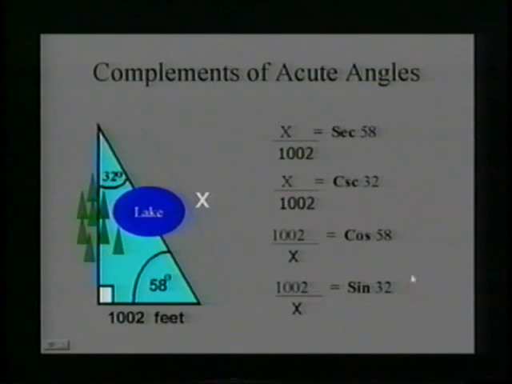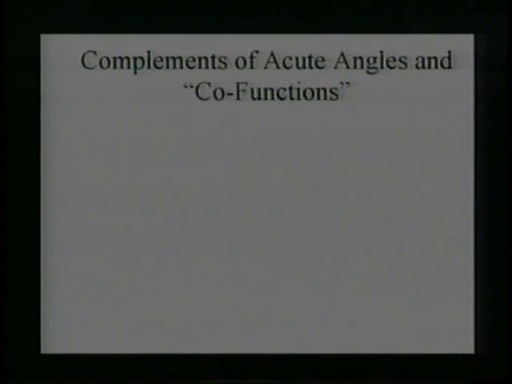Now these sets of functions, secant and cosecant, sine and cosine, there's a reason for that. These are co-functions. And we're going to need to know that the sine of any angle is the same as the cosine of its complement, or the cosine of 90 minus the angle. Remember 90 minus?